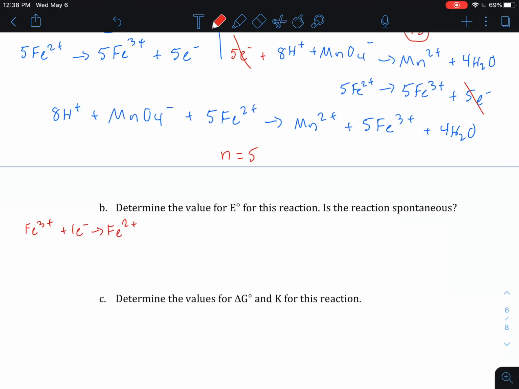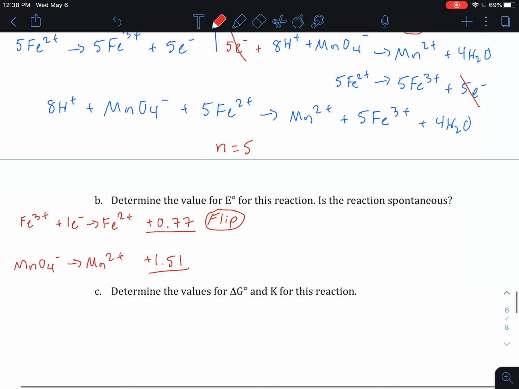So we know Fe³⁺ to Fe²⁺, if I look it up on the table, I get 0.77. And that's the opposite of the reaction that I'm doing. And then for the other one, I'm just going to write MnO4⁻ to Mn²⁺. I know there's all those other parts to it. That one is 1.51.